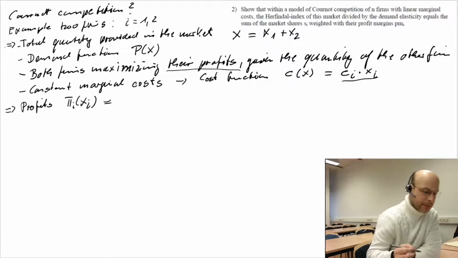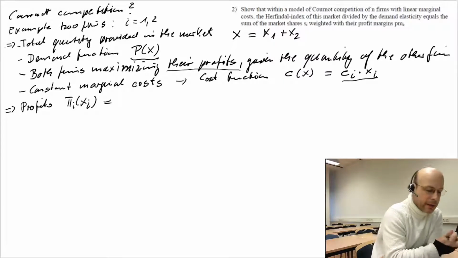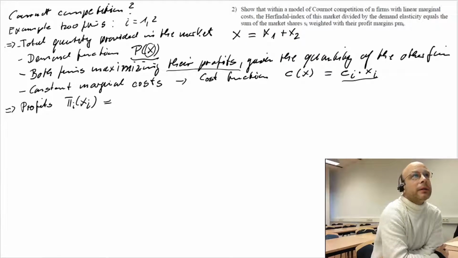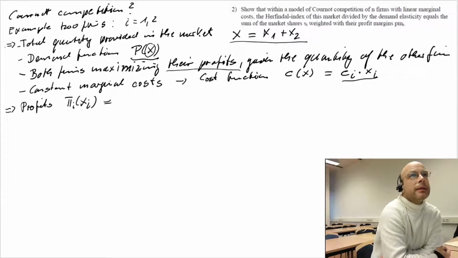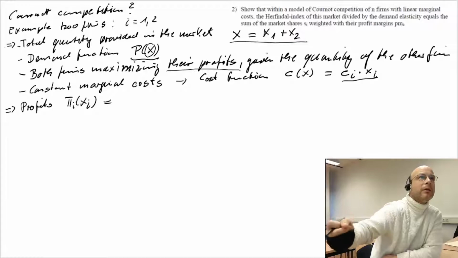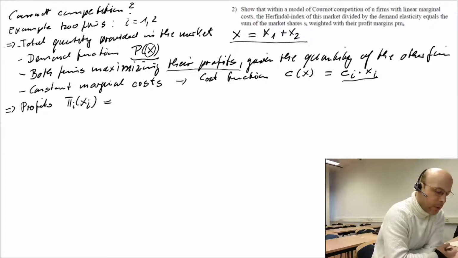Yes. And here you have to keep in mind that the demand depends on the total quantity in the market, and this is then multiplied, the price depending on the total quantity provided in the market times, of course, only my quantity I am providing as firm i or as firm 1 or 2.